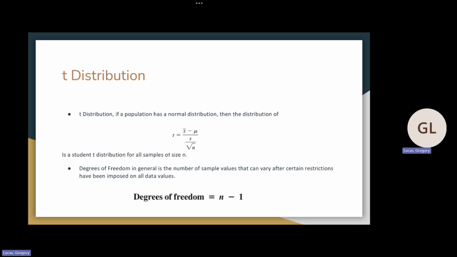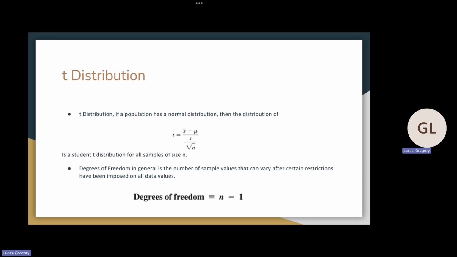Okay, so I've been talking about this t-distribution, but I didn't really say what it was. We know what the z-distribution is, and similarly, we're going to have the t-distribution. This is a little different chart to read that we'll see in a second. If a population has a normal distribution, then we're able to use this equation: t equals x bar minus mu divided by s divided by the square root of n.